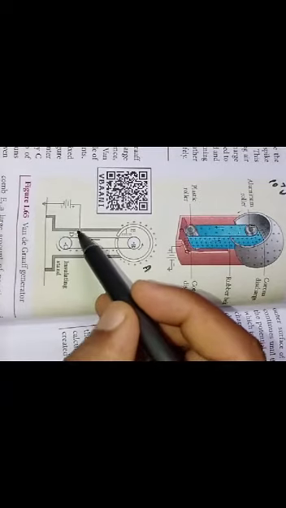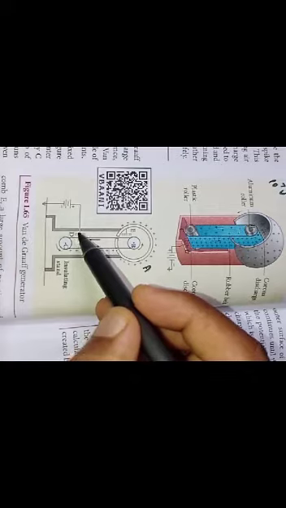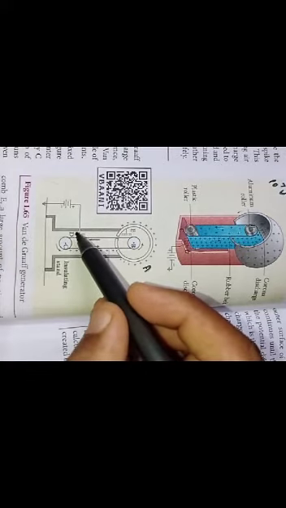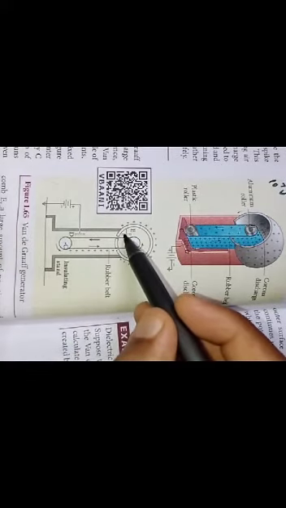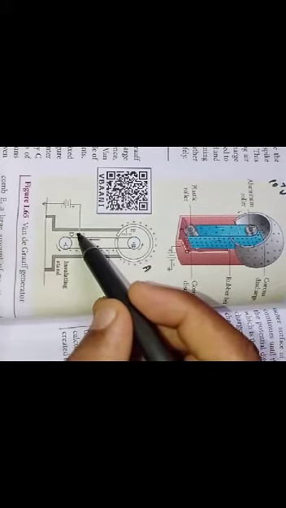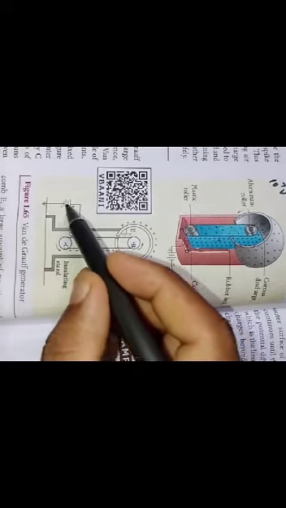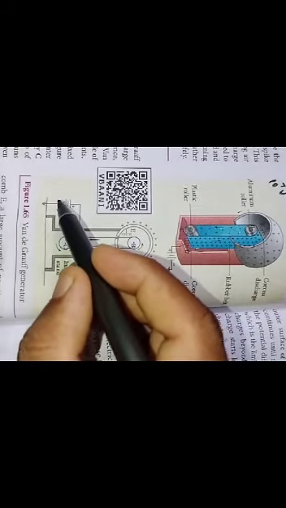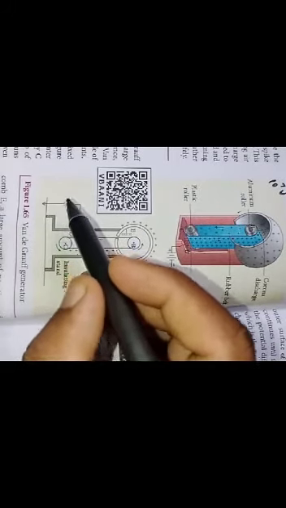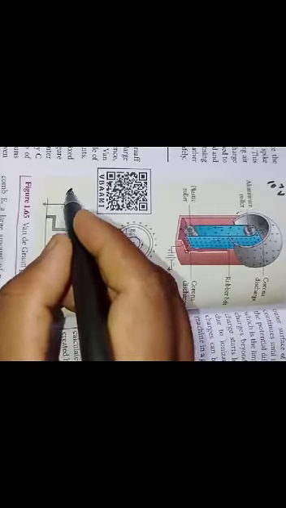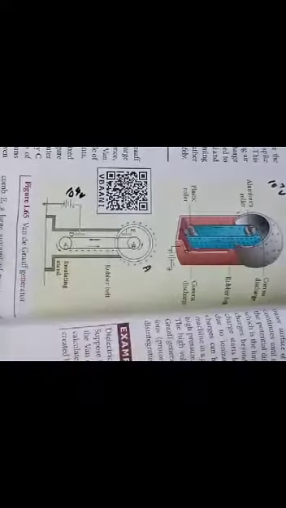Next, it has sharp edges like metallic spikes D and E. The spike D is placed near the pulley C, and it is connected to an external high potential battery in the order of 10 power 4 volt.